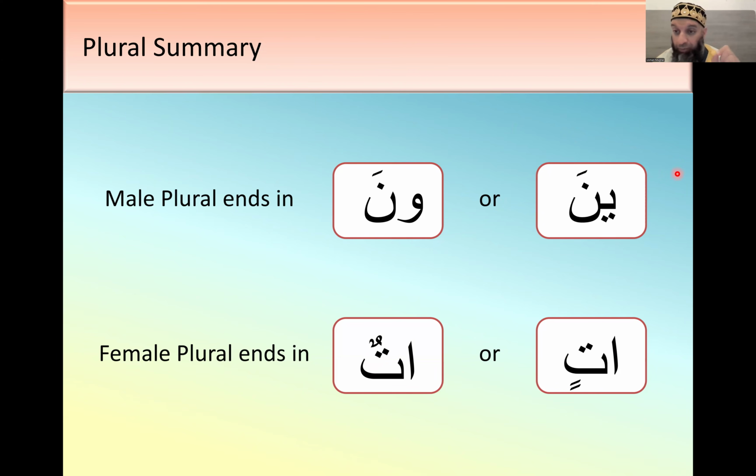If it's a mixed group, so you've got men and you've got women, then which one will be used? Excellent, okay. So the masculine terminology will be used.